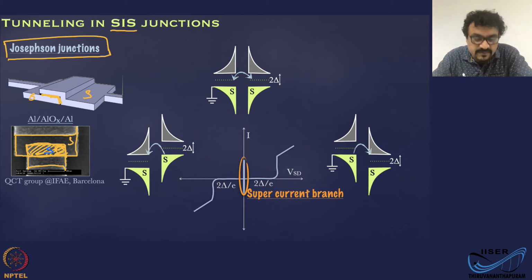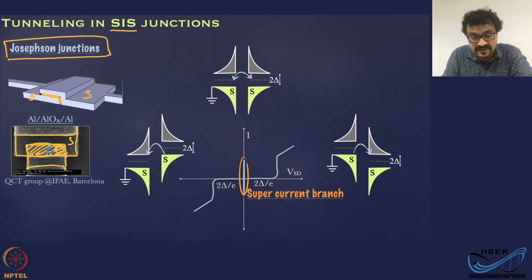Now since both are superconductors, let's assume that they are the same superconductor, the same material. So the gaps are the same on either side, the transition temperature is the same, everything is the same. So at zero bias, the Fermi levels on both sides are aligned. Then the Cooper pair level on one side is aligned with the Cooper pair level on the other side, and this Cooper pair can tunnel back and forth.